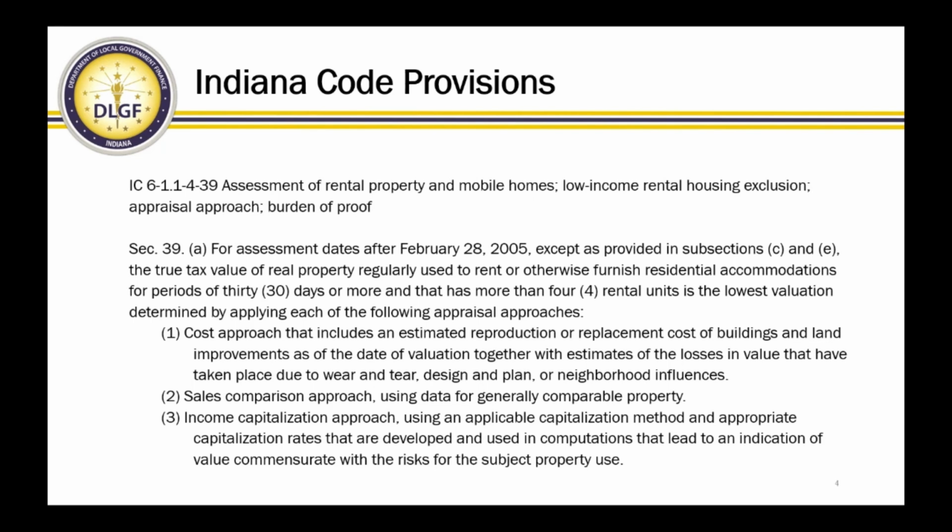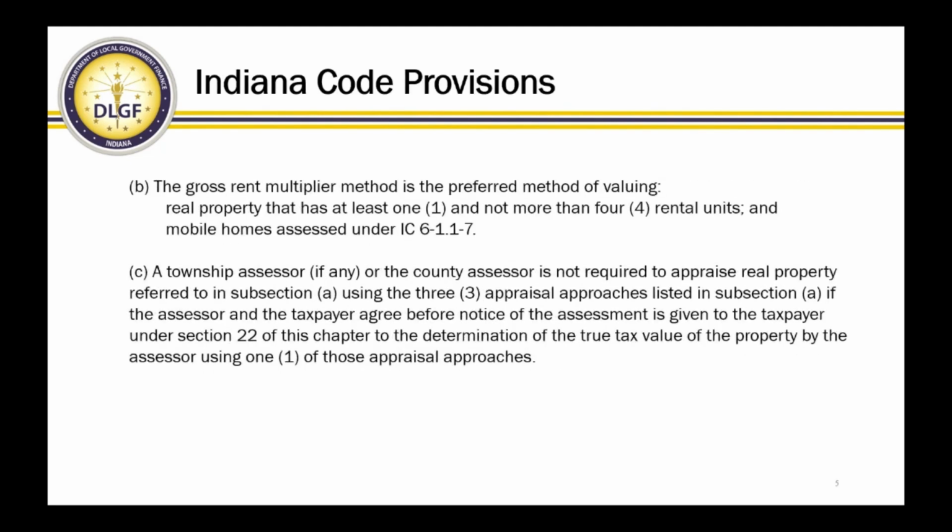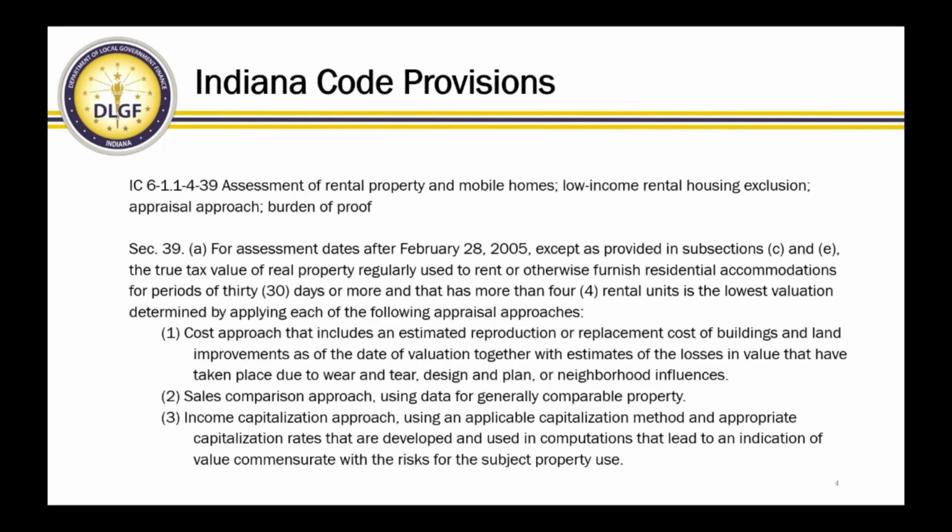And then the gross rent multiplier method is for 1 to 4 units. So anything above 4 units would be using the 3 approaches to valuation.